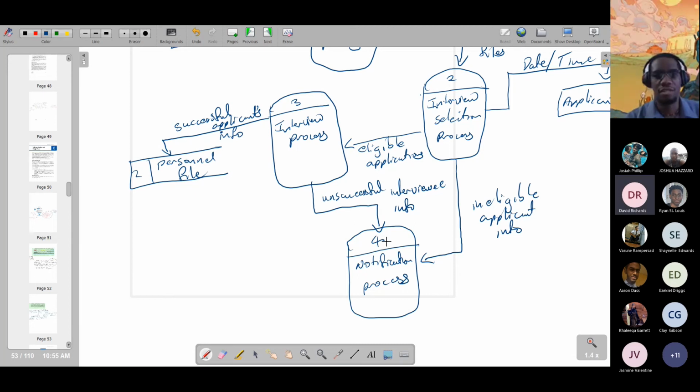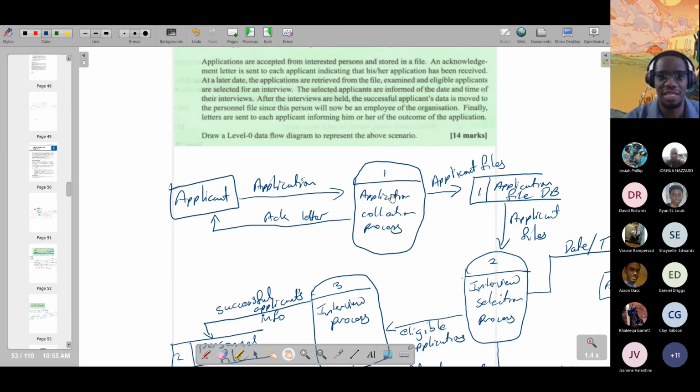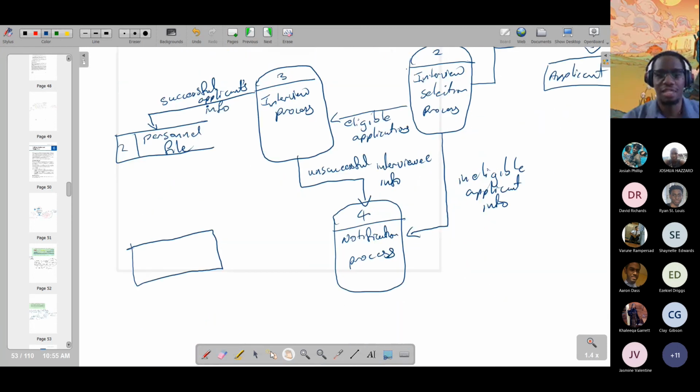Oh, okay. Right, unsuccessful interviewee information into the notification process. Or actually not just the unsuccessful applicants, because they say letters are sent to each applicant. So not just the unsuccessful applicants, but all the interviewees get interview result information.